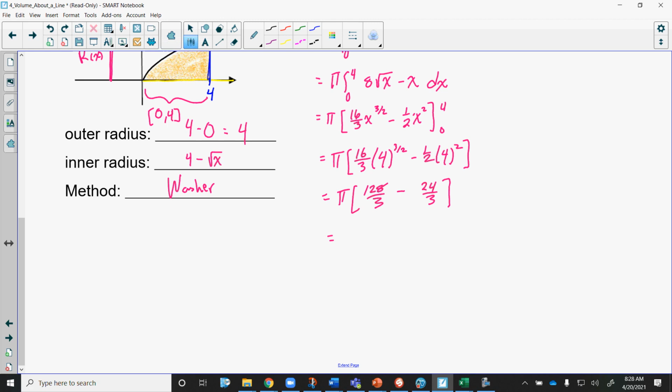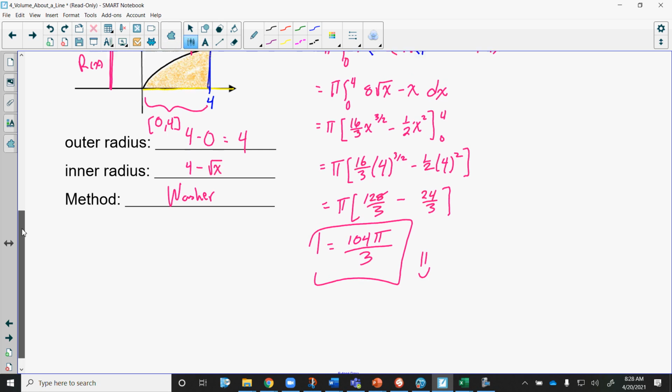And subtracting the 24 from the 128, that's 128 minus 24, is going to be 104 pi over 3 cubic units. And that is the volume that we have for this shape rotated around the line y is equal to 4.